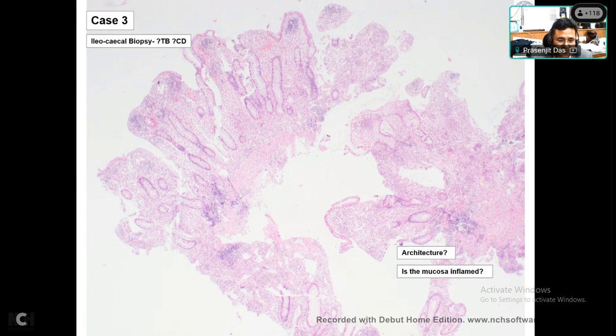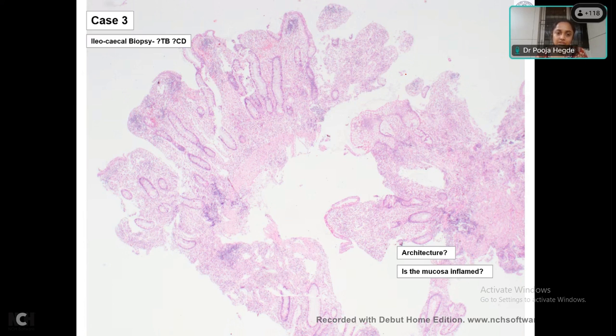So in this we see fragments of ileocecal biopsy with mild erosion or denudation of the mucosa, and architecturally the crypts are distorted and crypt loss is also seen.